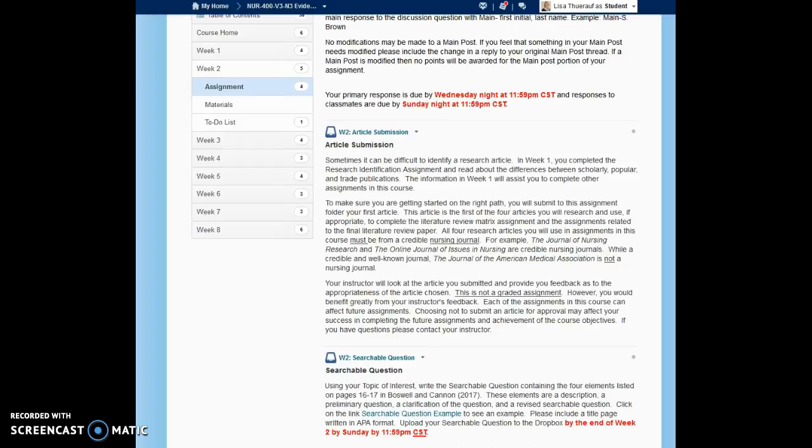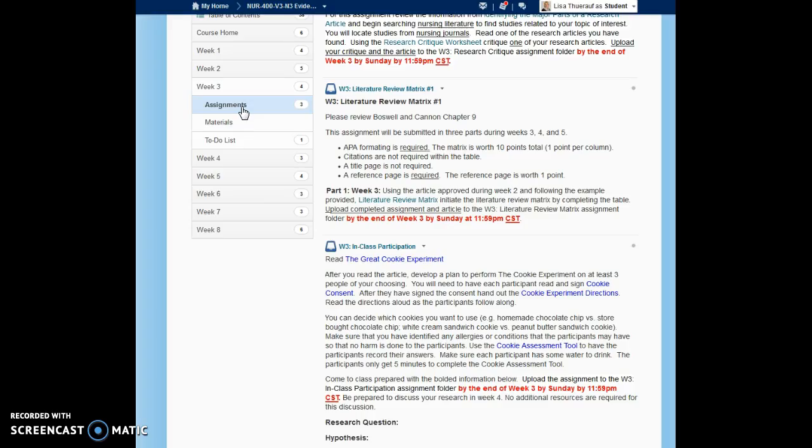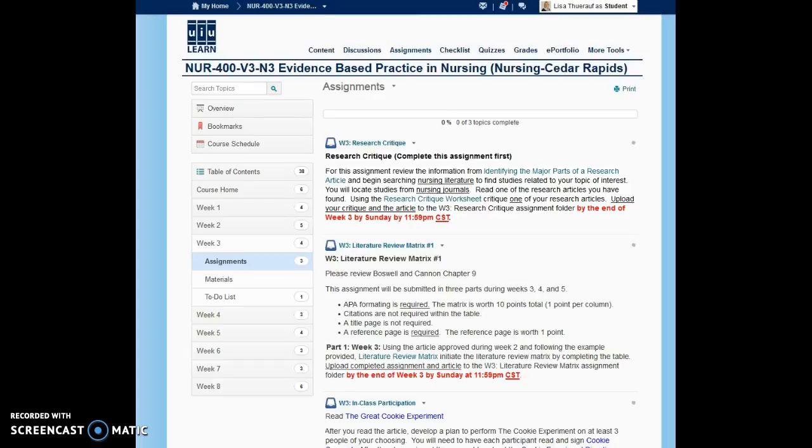There's information, an example. You're going to write up your searchable question and put that into the assignment folder. Again, a little more detail in class, or in week 1 anyway, for week 2. Week 3, we're going to be discussing qualitative and quantitative and mixed method research.